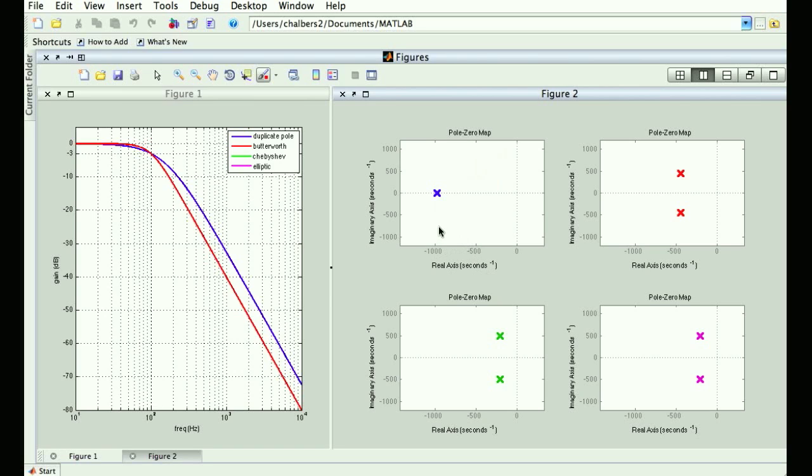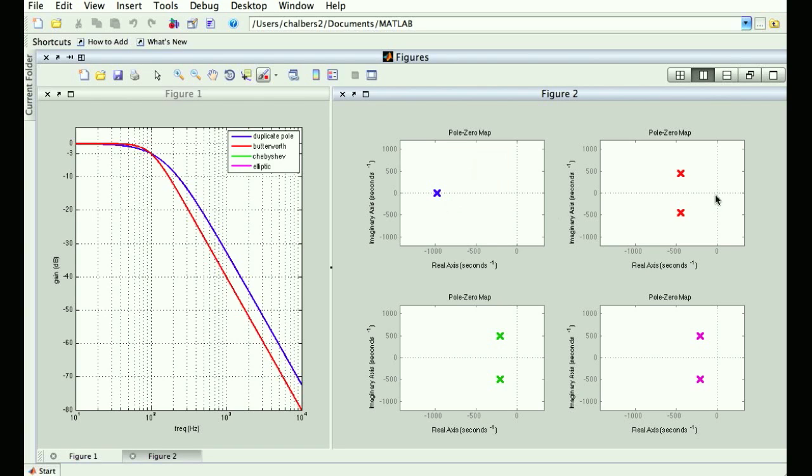Yeah, I think that's in rads per second, maybe. If it's in rads per second, shouldn't it say rads per second? Okay, I'm not going to troubleshoot that now. The point is that for the blue filter, it gave me 2 real poles at exactly the same frequency.